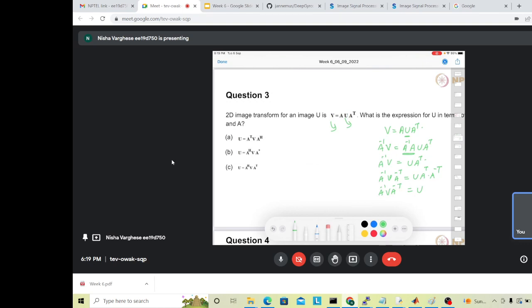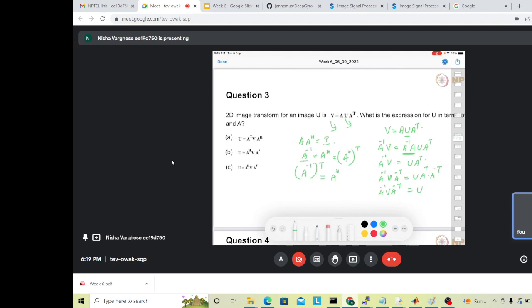Okay, so this is a basic equation, and you know that A Hermitian A equals I, so A inverse equals A Hermitian. And A inverse transpose, A Hermitian transpose, is what? A conjugate transpose. So A inverse transpose is A star.